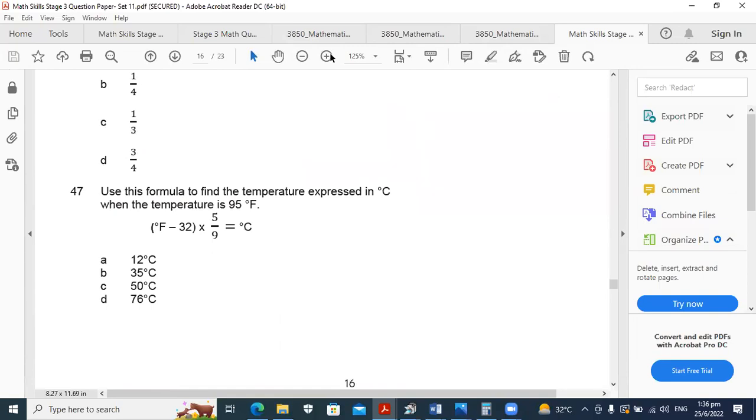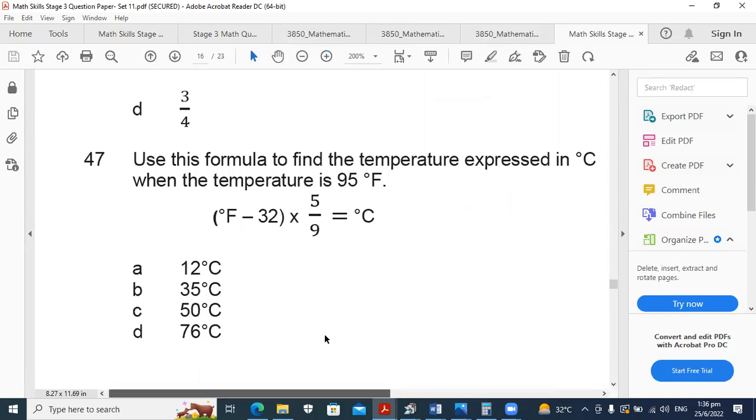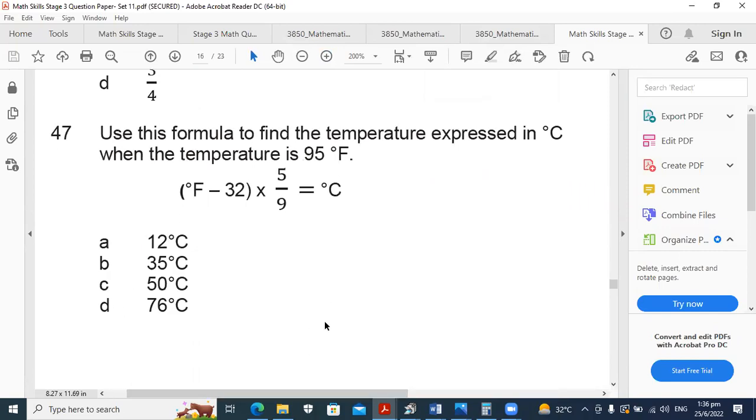Look at 47. So all you need to do is what?